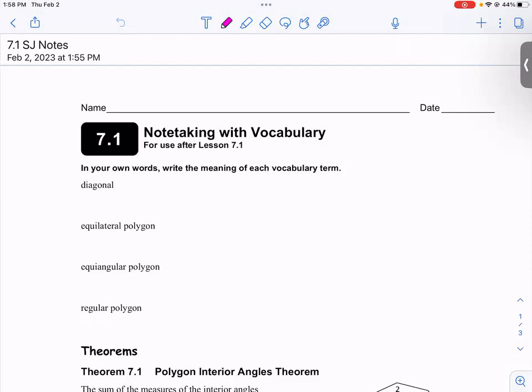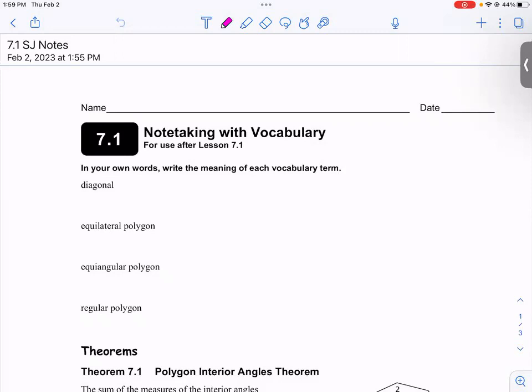Now, if I wanted to know how many degrees are in a certain shape, what do I need to multiply 180 degrees by? Okay, the number of triangles, which is not the number of sides. It's the number of sides minus 2.